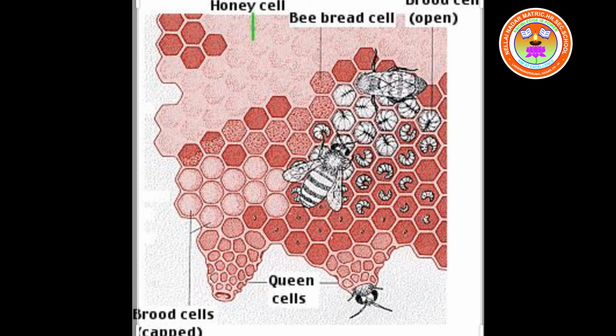In the honey sac, sucrose present in the nectar mixes with acidic secretion, and by enzymatic action it is converted into honey, which is stored in the special chambers of the hive.